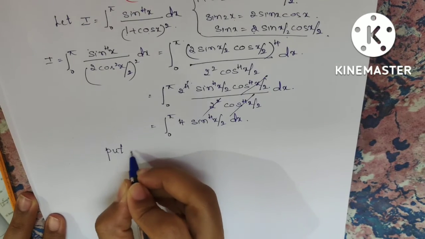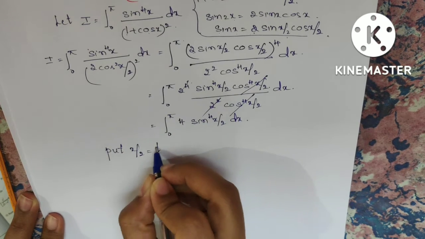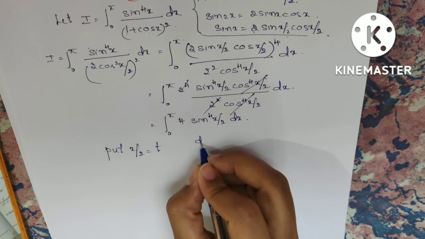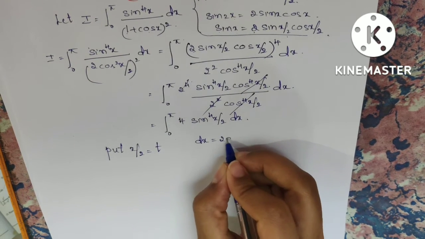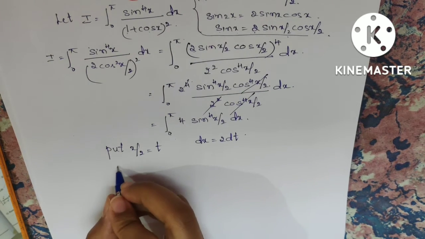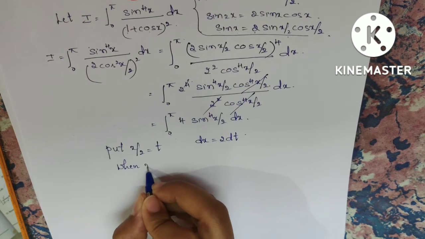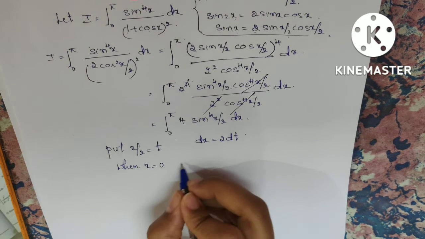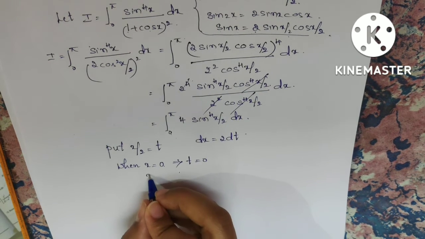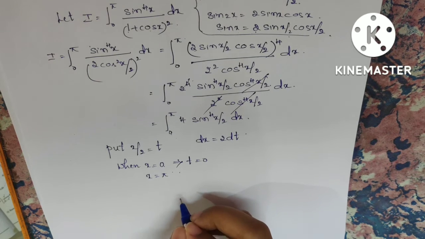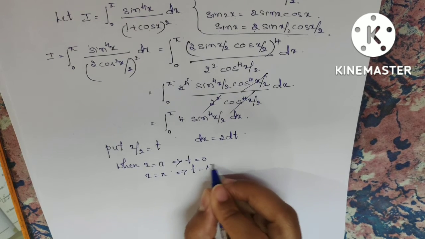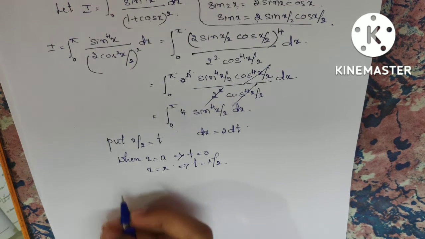Now put x/2 equals t. Then dx equals 2 dt. The limits are from 0 to pi. When x equals 0, then t equals 0. When x equals pi, t equals pi/2.